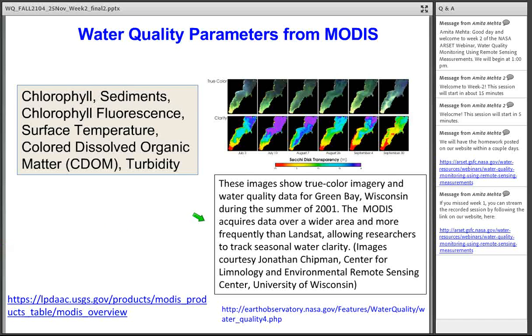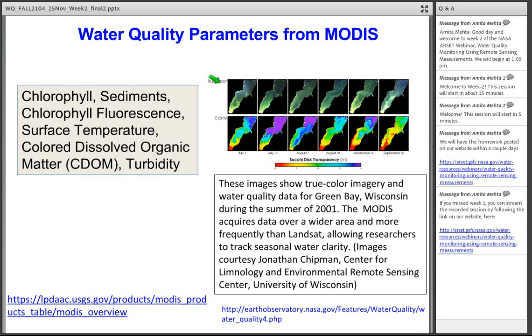So this is an example again. MODIS spectral reflectances, just as in the case of Landsat, are used for getting chlorophyll concentration, sediments, temperature, CDOM, and turbidity, and one example shown here is in Green Bay, Wisconsin.